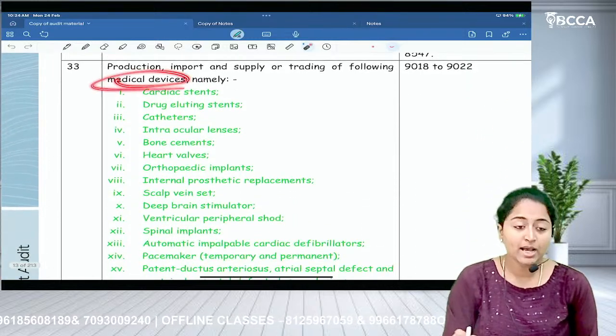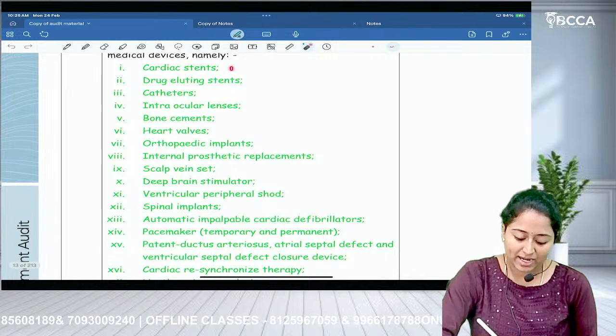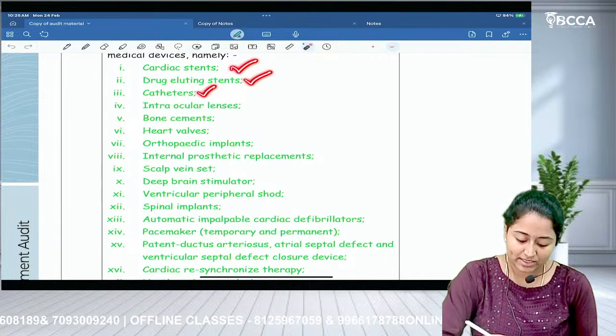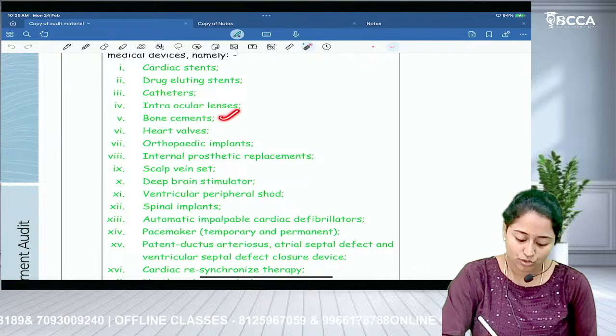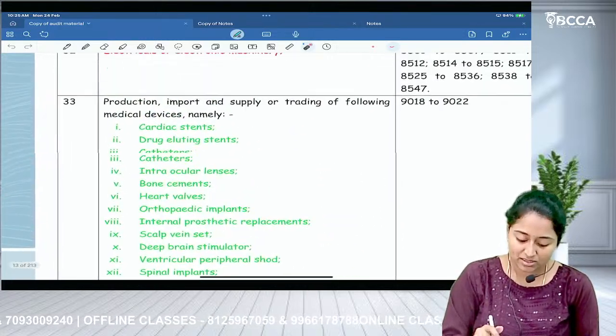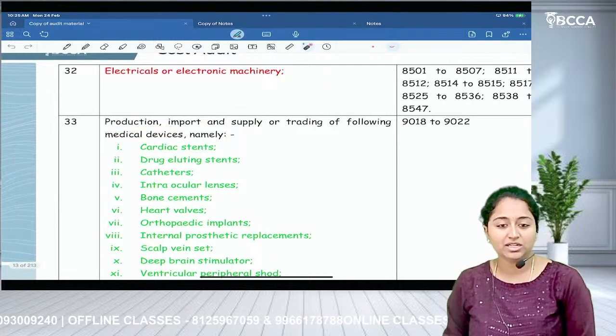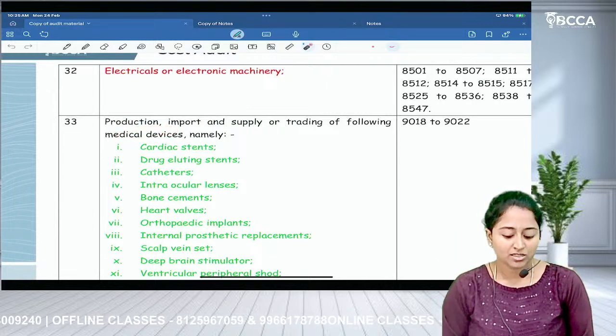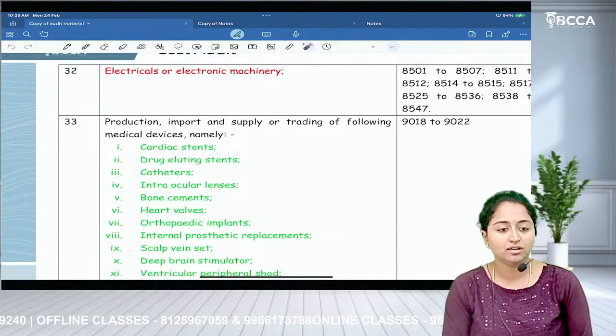Next, coming to medical devices like cardiac stents, drug-eluting stents, catheters, intraocular lenses, bone cements, heart valves. These are all medical devices. So whatever the medical devices there will be, these are covered under the 33rd heading.